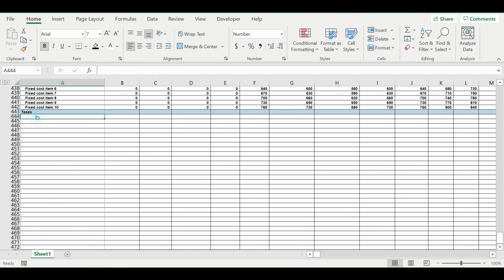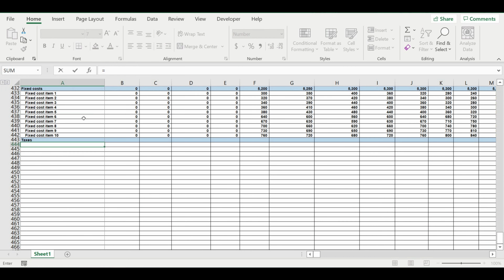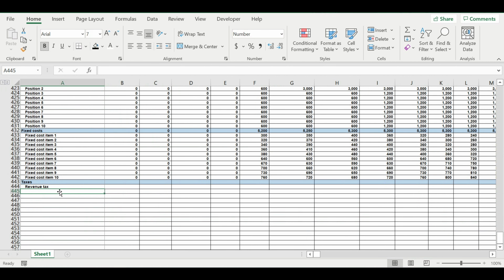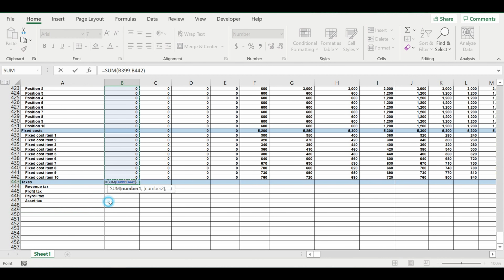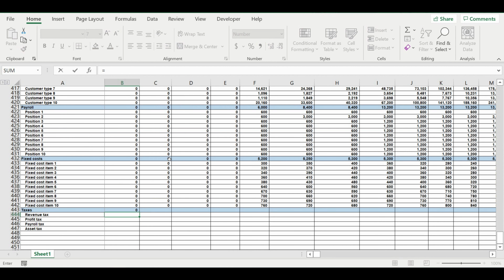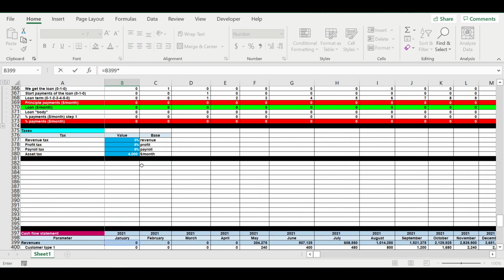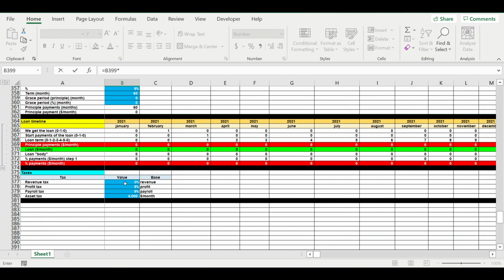So now we move to our taxes inside the cash flow statement. We will take the revenues and multiply them by the value of the tax.